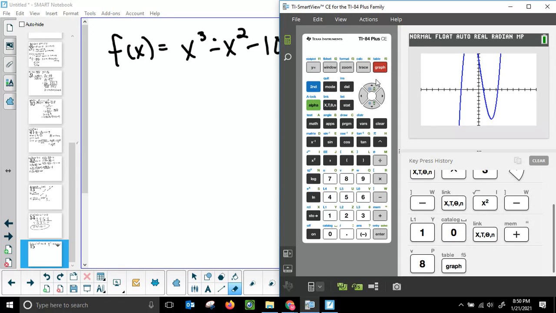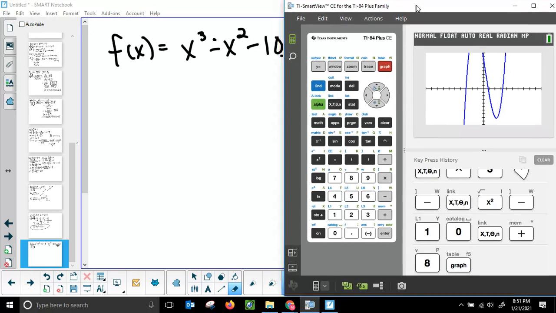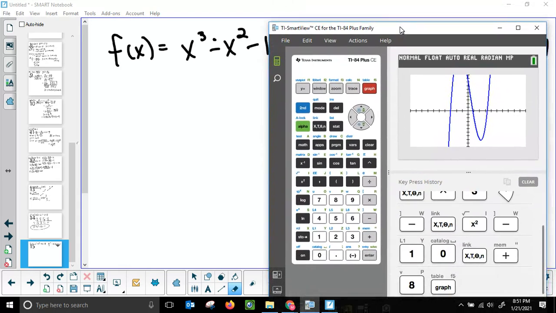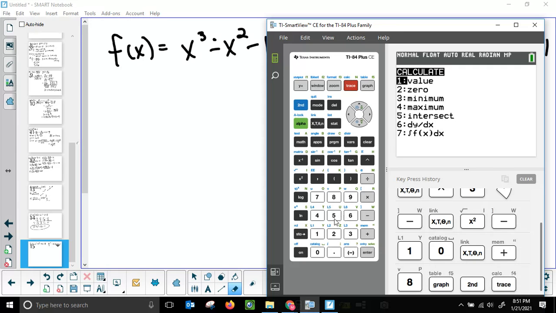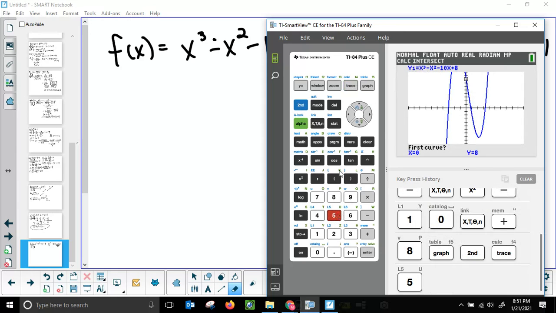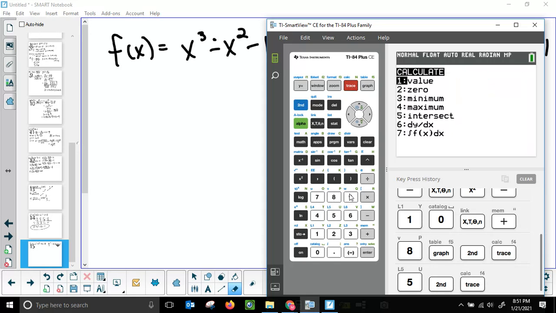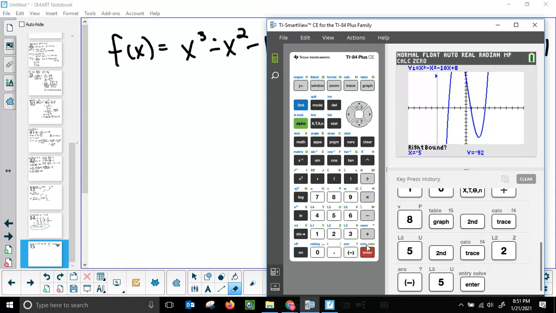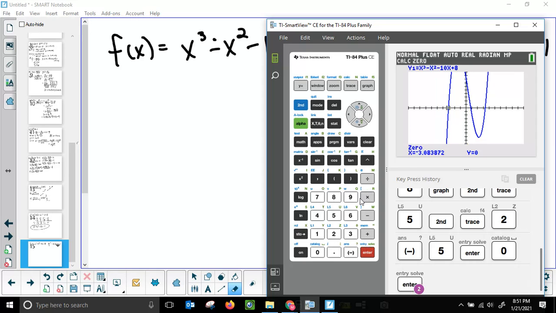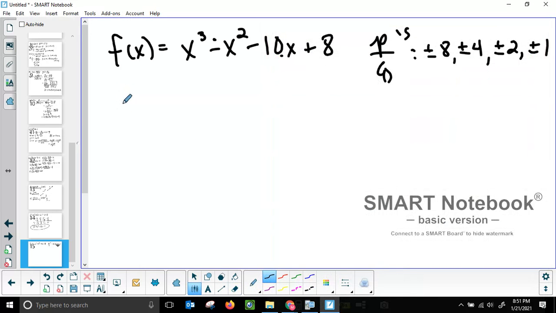And this definitely can't actually be 3. Let's go to negative 5, 0. Okay, yeah, so they're all irrational, it appears.